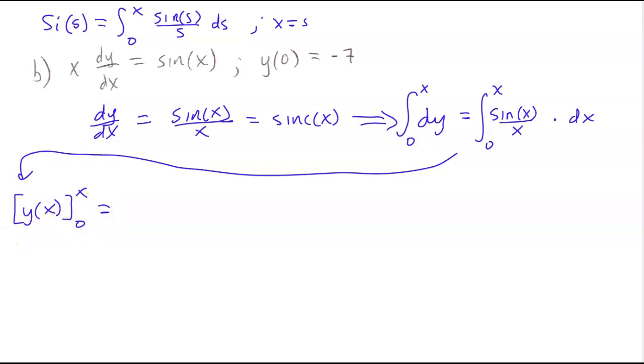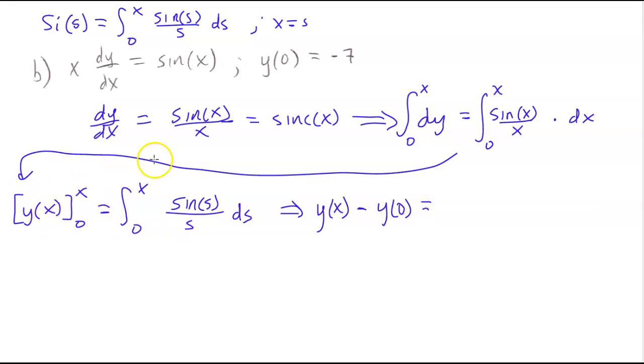On the right side, notice that we actually have what we want. We really don't want to change that, okay? And since x is able to be equal to s, what we're going to do is change x to s here, here, and here, and leave that the same. So we're going to say this is sine of s over s ds, okay? And if we do that, then this would be y of x minus y of 0 on the left side.